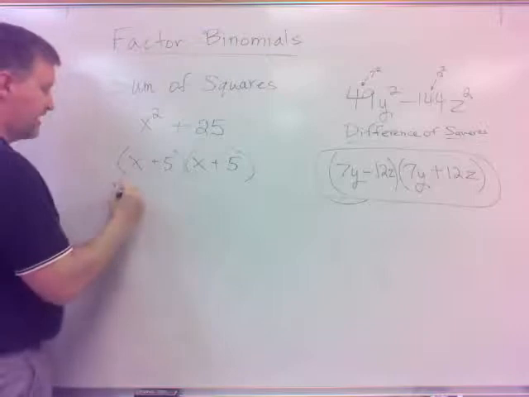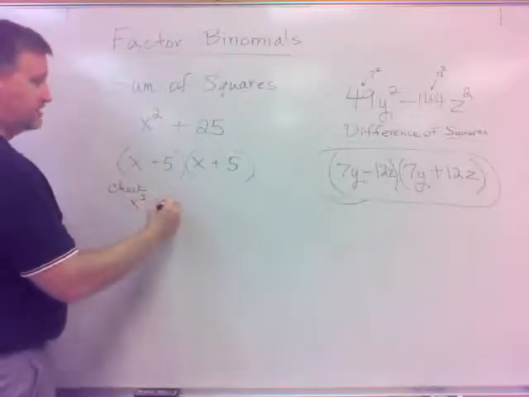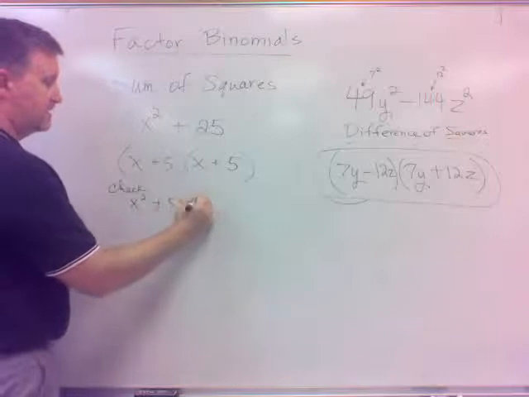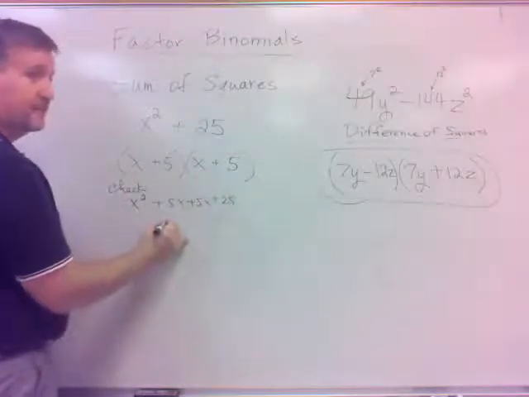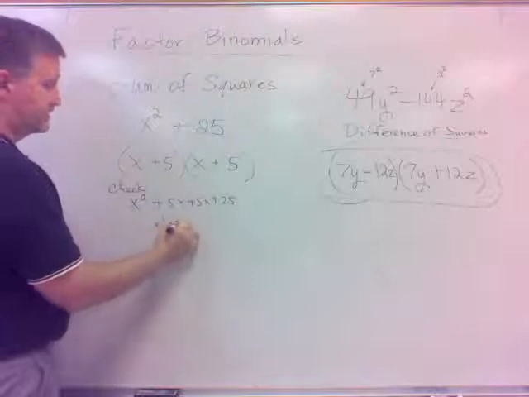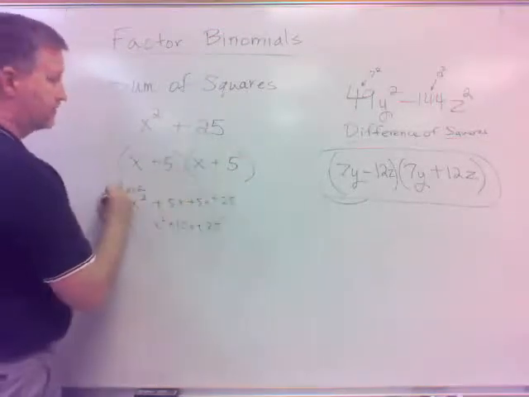Well, if you check that, do the terms cancel out? x squared plus 5x plus 5x plus 25. Those don't cancel out, they actually double up, don't they? It's x squared plus 10x plus 25, not what we needed. So no, that wouldn't work.